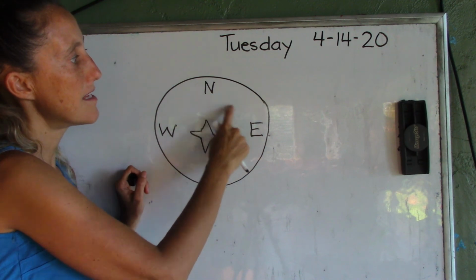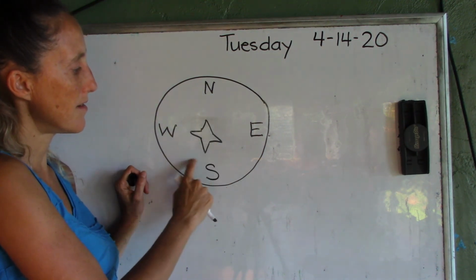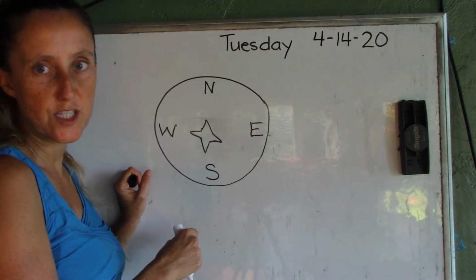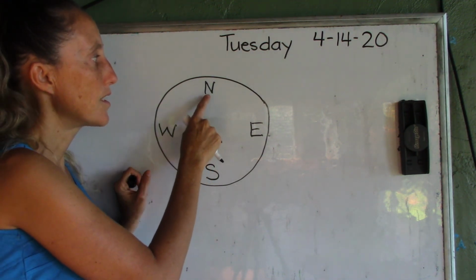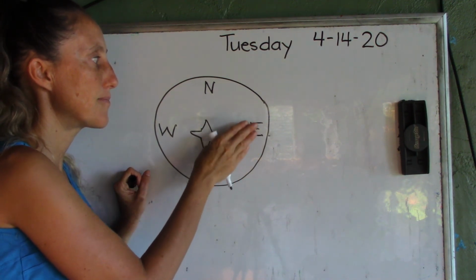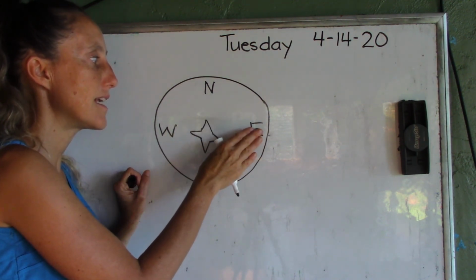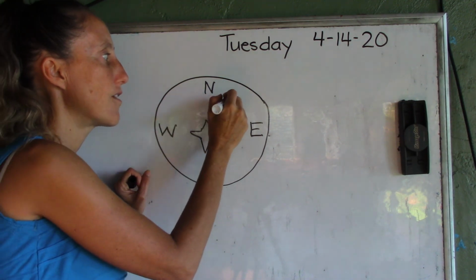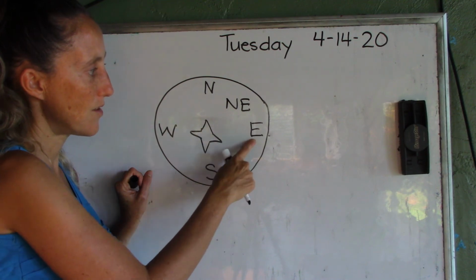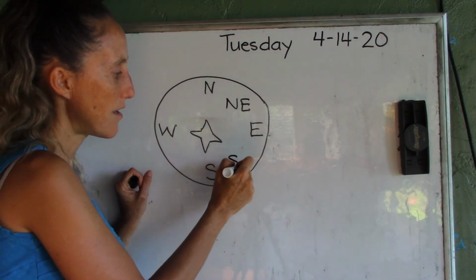Now, these areas right here are a combination of the two. So if I'm going to the North Shore, but I just passed the East Shore, there's a place between the East Shore and the North Shore, and it is called Northeast. And there's a place between the South Shore and the East Shore, and it's called Southeast.